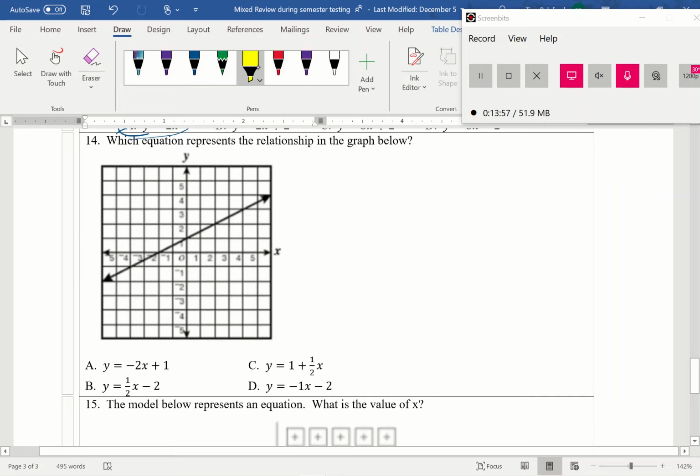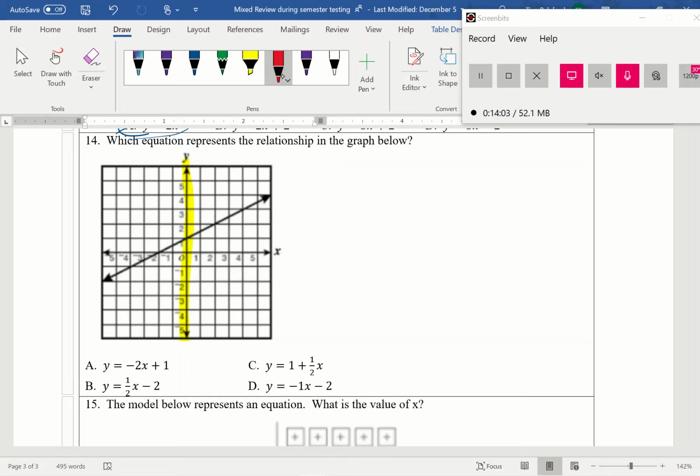Which equation represents the relationship in the graph below? I always like to highlight and find the y-intercept. Now the y-intercept is a positive 1, so you need a positive 1 in your equation. Right now you can mark off 2 answer choices. They are obviously wrong.